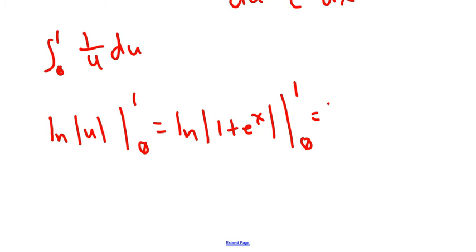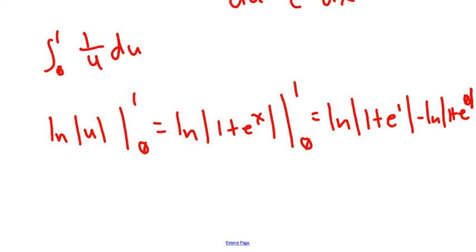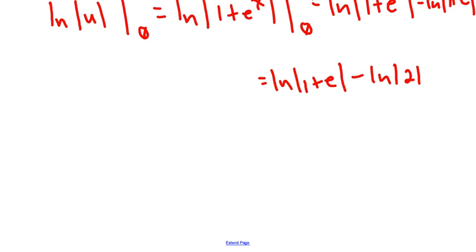So let's see what we get here. ln, absolute value of 1 plus e to the first power, minus ln, absolute value of 1 plus e to the 0 power. So ln, absolute value of 1 plus e, minus ln, absolute value of 1 plus e to the 0, which is 1, so that's absolute value of 2, which is not necessary.